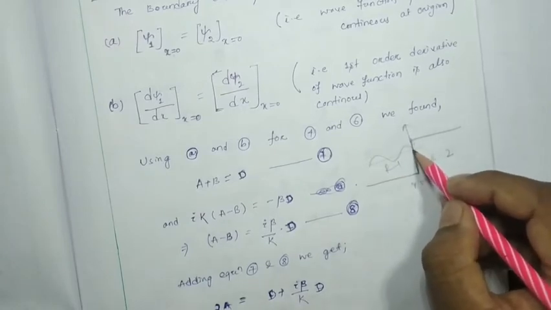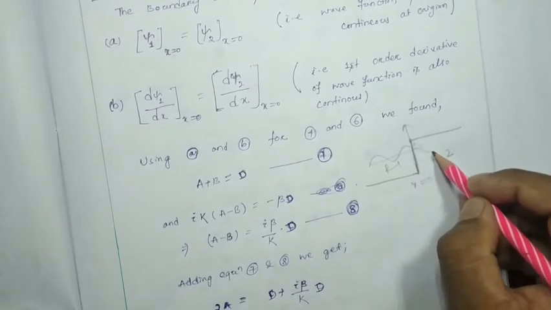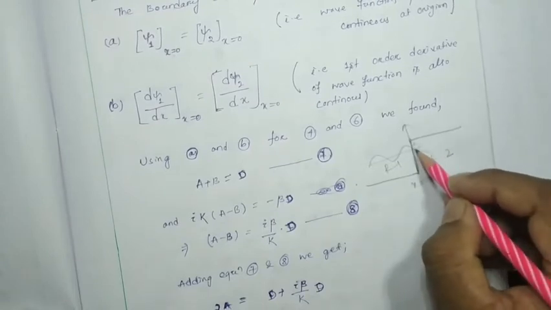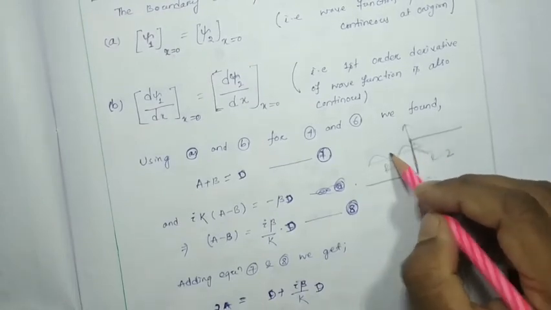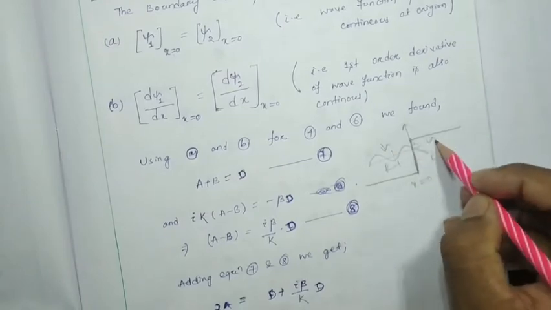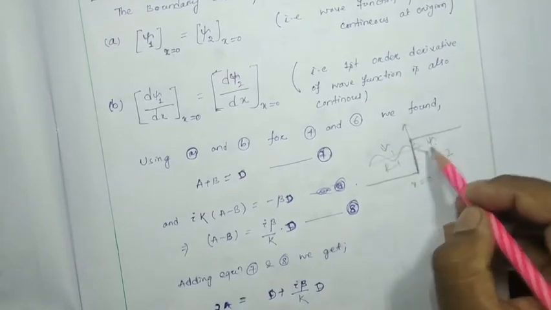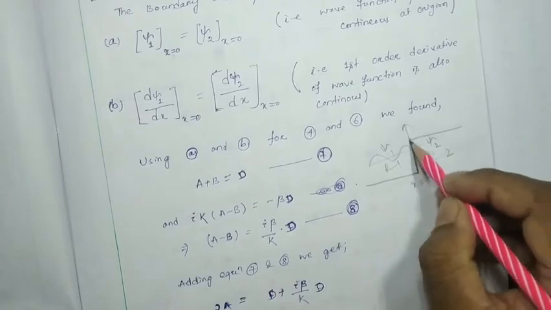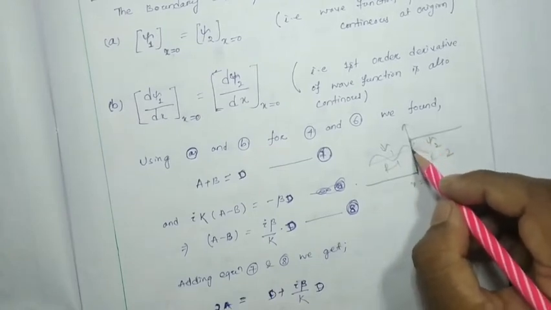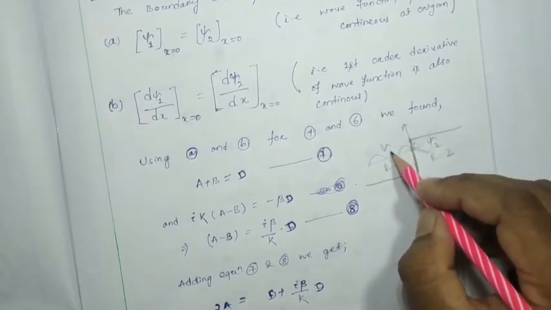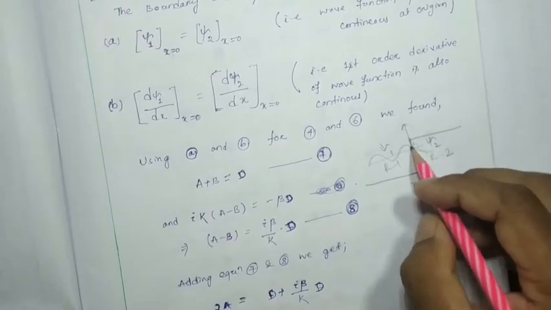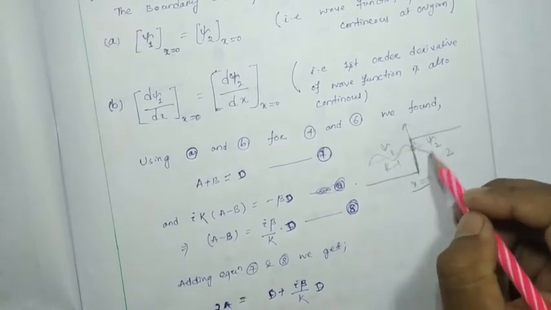So if there is a wave function possible in region 2, then the wave function psi 1 has to be continuous at the boundary. That means at x equal to 0 both wave functions are going to be the same.